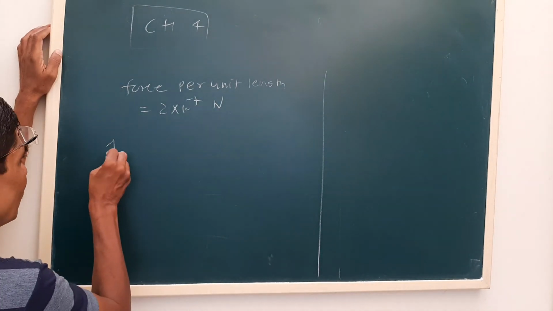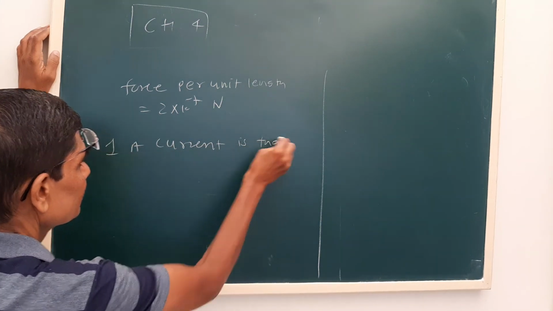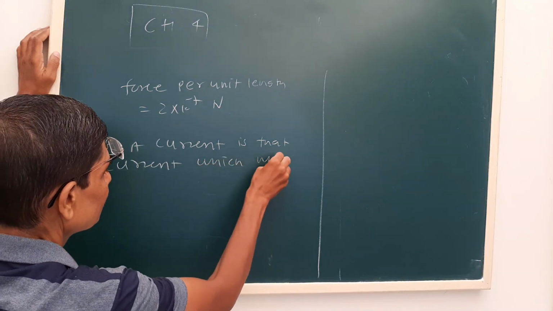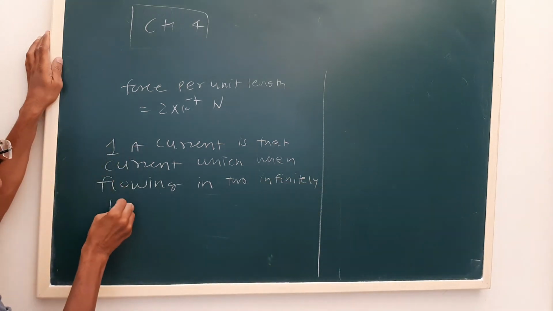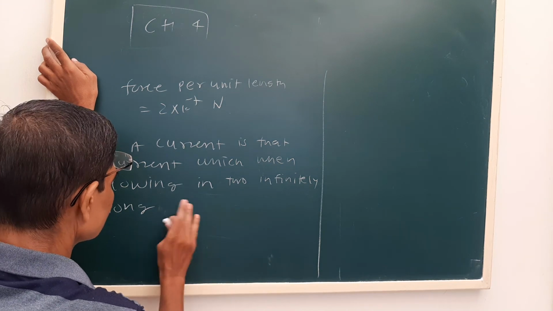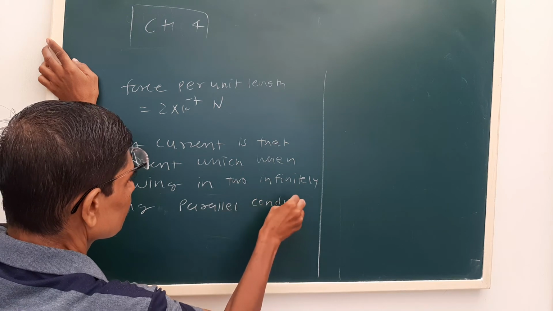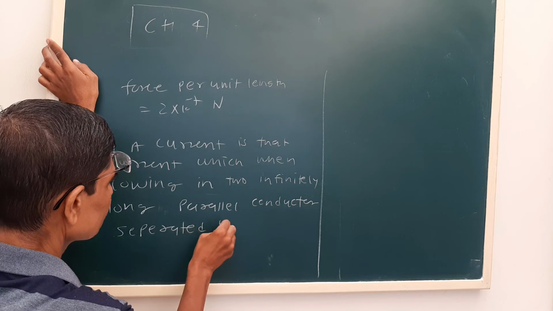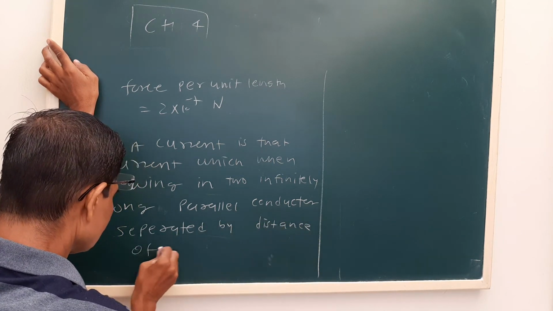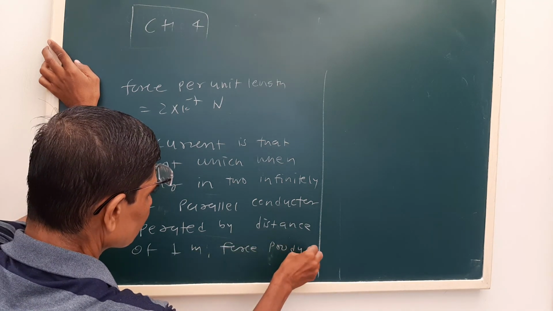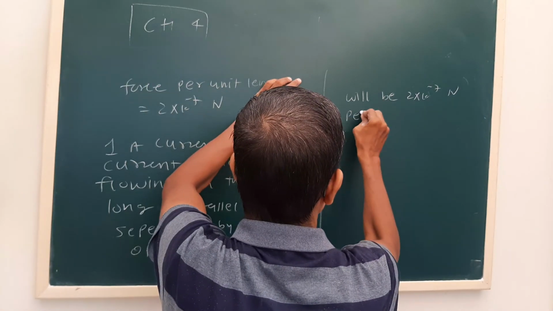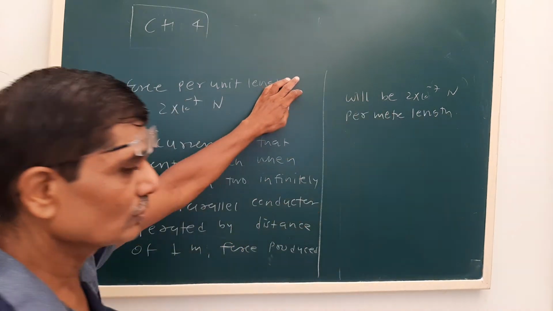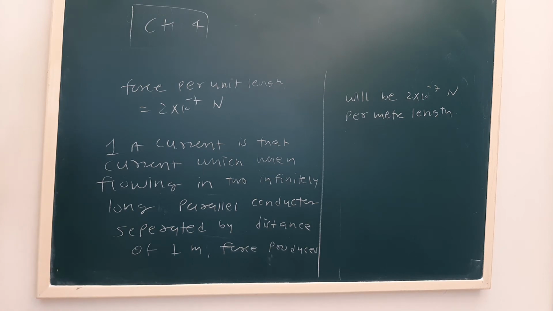So we can write like this: 1 ampere current is that current which, when flowing in two infinitely long conductors separated by a distance of 1 meter, the force produced per unit length, per meter length, will be 2 into 10 to the minus 7 Newton.